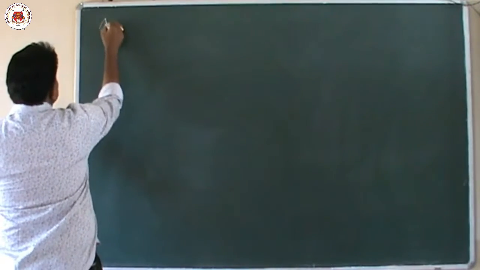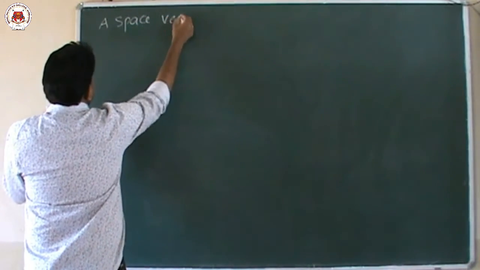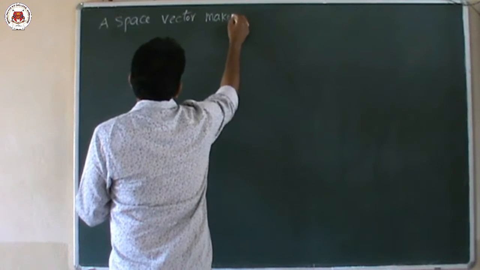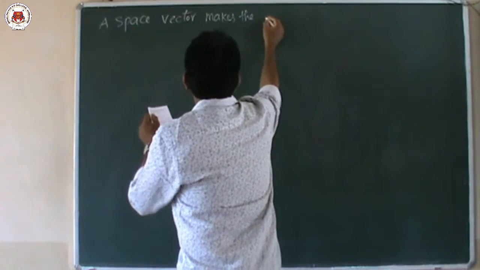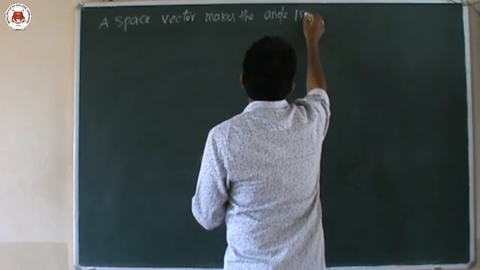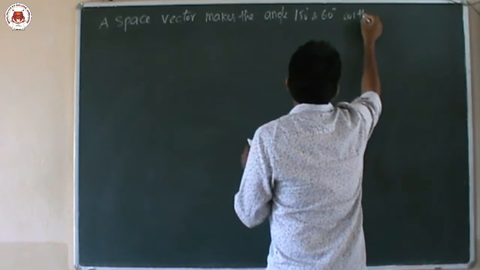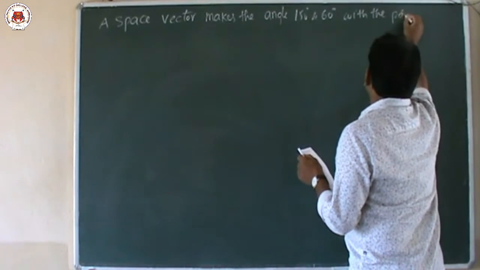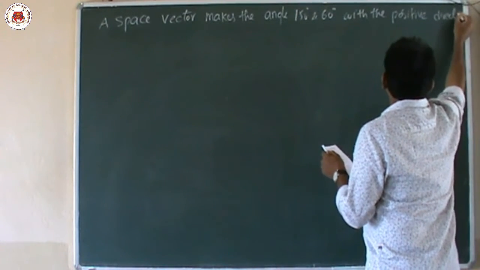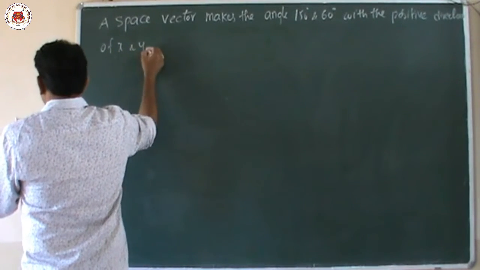Today is the last class in this vector algebra topic. So the next question is: a space vector makes the angle 150 degrees and 60 degrees with the positive direction of x and y axis.